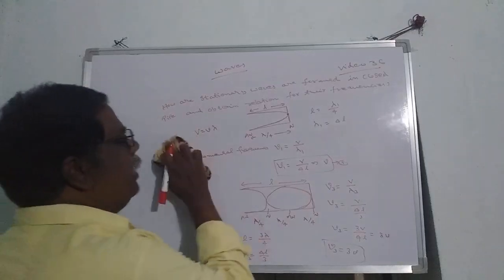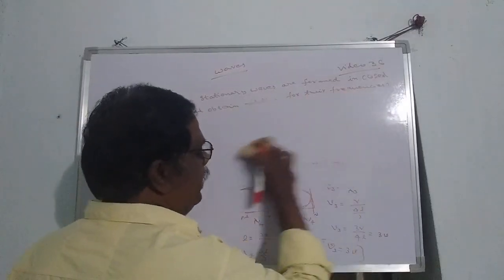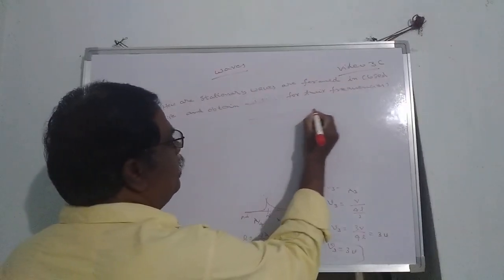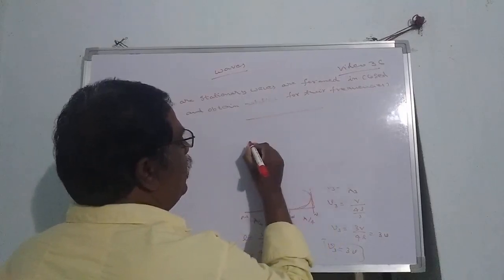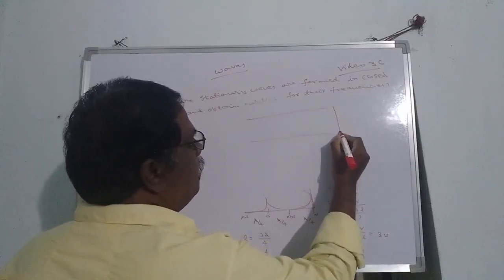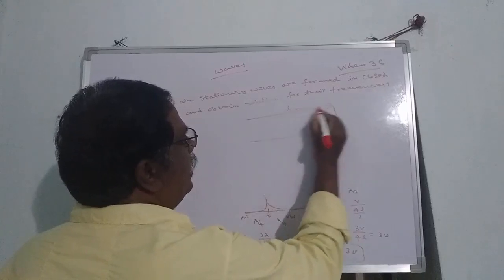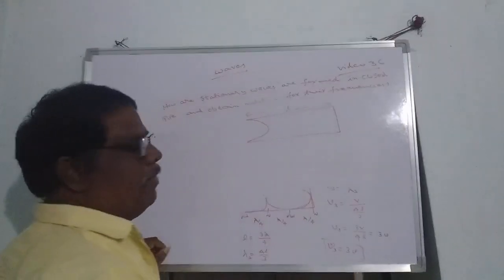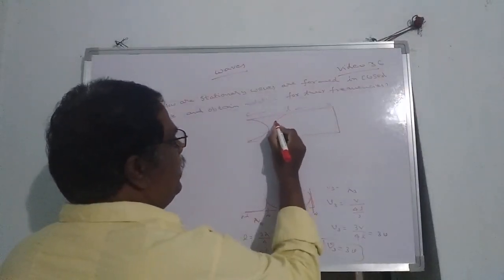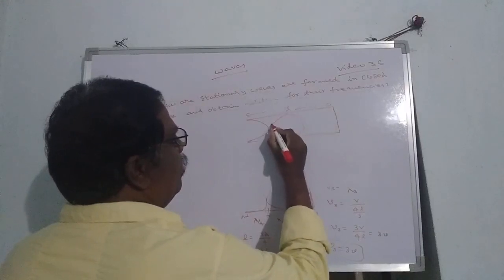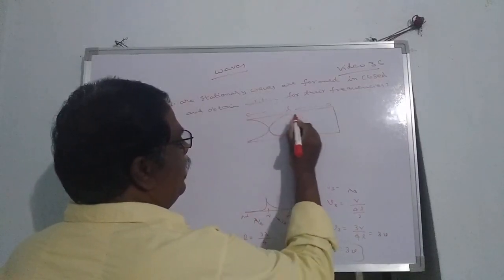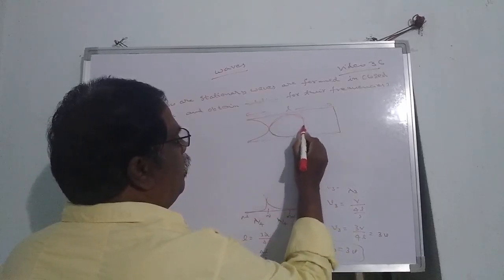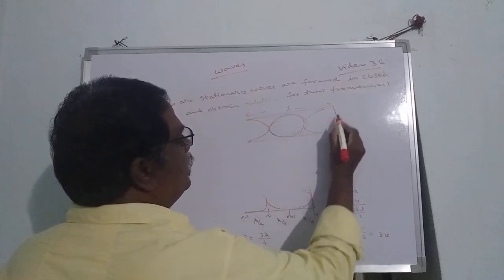How will mu5 be formed? Let us see. The next diagram will have more nodes and antinodes compared with the third harmonic. Let us say this is the pipe with one end closed, length L. Always at the open end an antinode will be formed. The remaining space is filled by increasing the number of nodes and antinodes, filled with two loops or two segments.